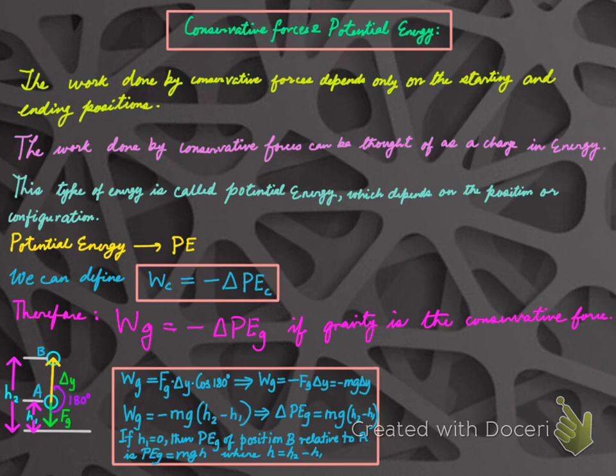If you choose the reference level below you, then your gravitational potential energy relative to that reference level will be positive. So gravitational potential energy can be negative or positive. It all depends on where the reference level h equals 0 is considered to be, and we have a choice in how we do that. Often we will choose the lowest point in our problems to be h equals 0. That makes a lot of sense usually.